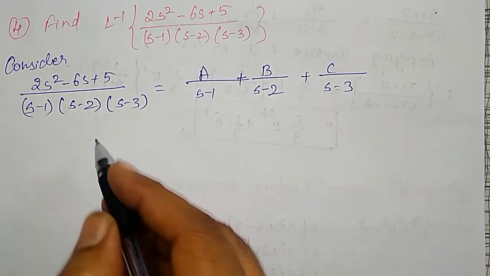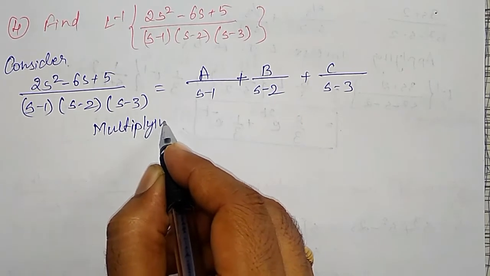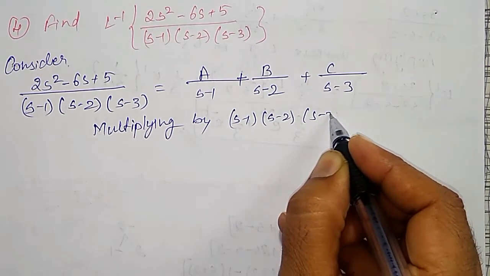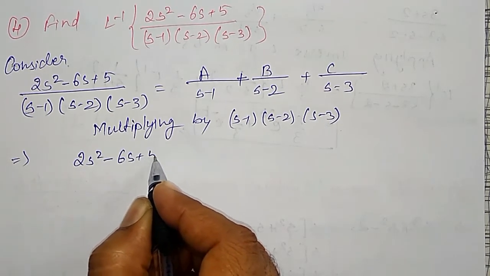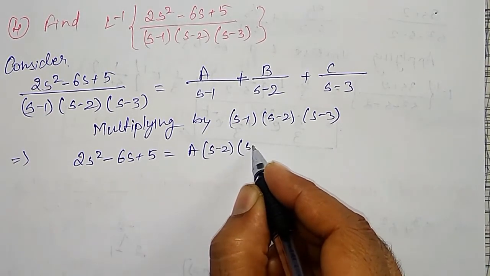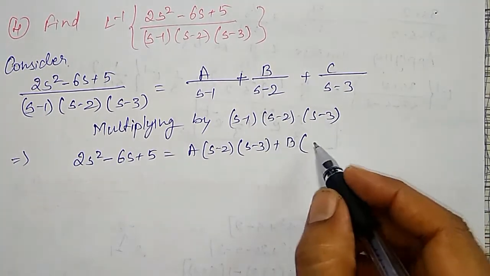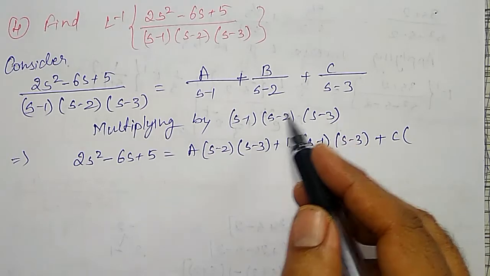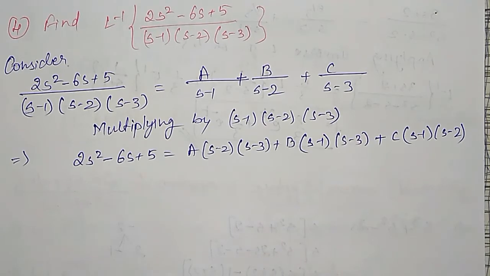Multiplying by (s − 1)(s − 2)(s − 3), which implies 2s² − 6s + 5 equals A into (s − 2)(s − 3), since s − 1 cancels, plus B into (s − 1)(s − 3), since s − 2 cancels, plus C into (s − 1)(s − 2), since s − 3 cancels.